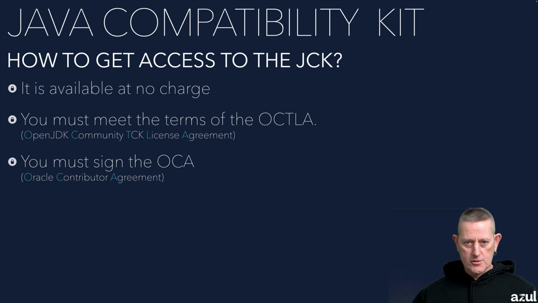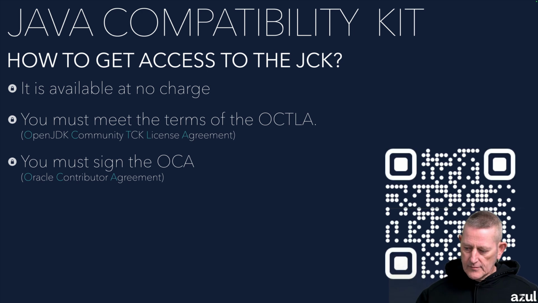That means to the actual testing suite to test your build of OpenJDK and make sure it's compatible and compliant to the TCK. So if you would like to know more about it, you can scan this QR code that you see here and it will lead you to the page where you can get access to the JCK. Okay?